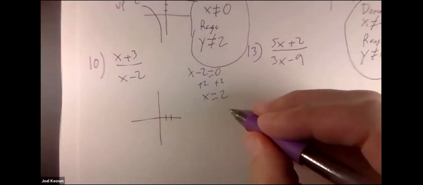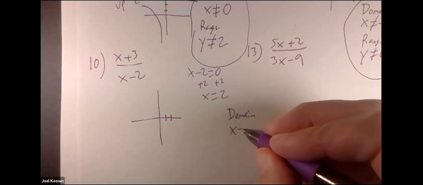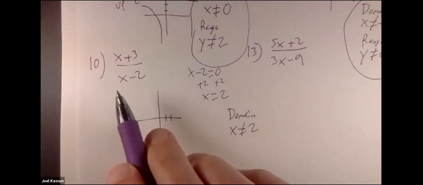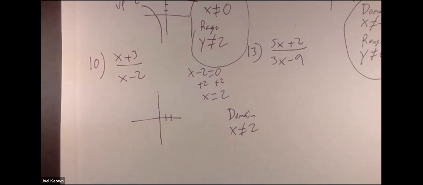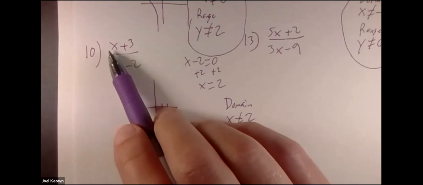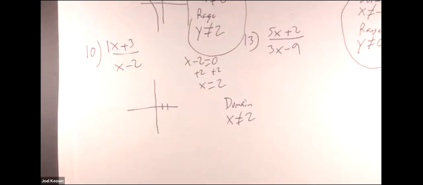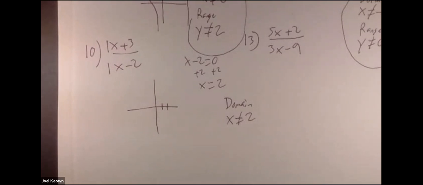Okay, so that tells me my domain is x cannot be 2, because that's the number that if I plug into the denominator, it gives me 0. Well, what about my range? My range is going to be the number in front of that x, which is just a 1, divided by the number in front of this x, which is just a 1.